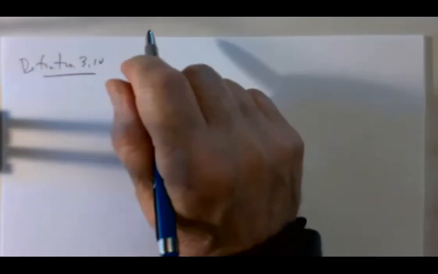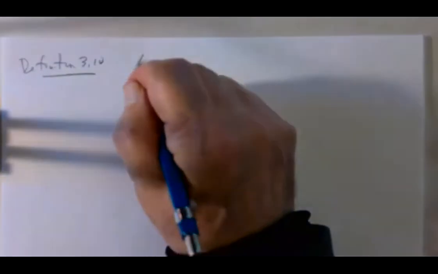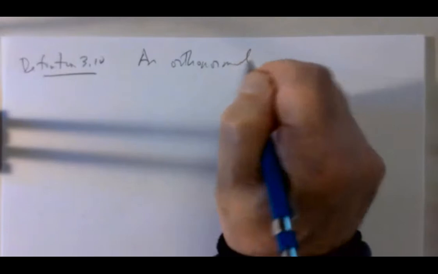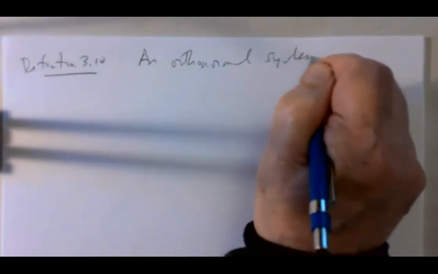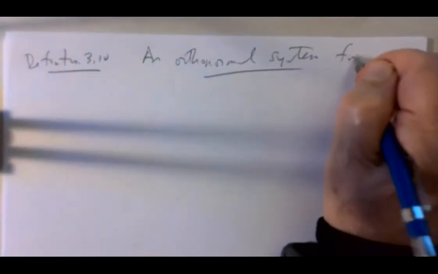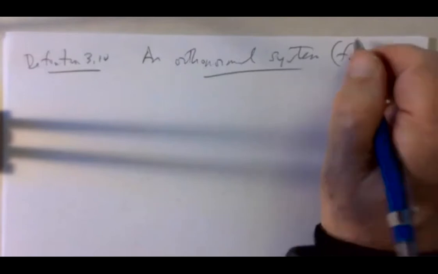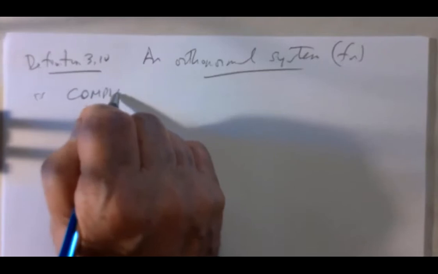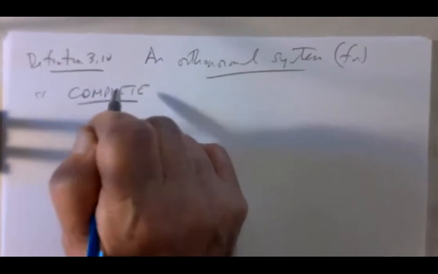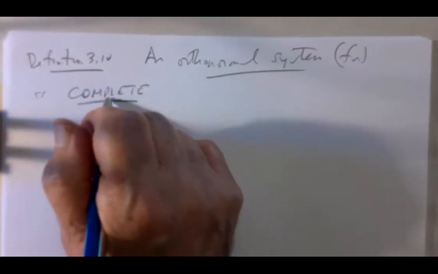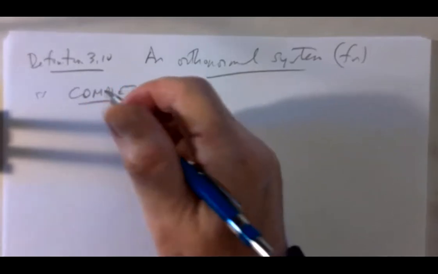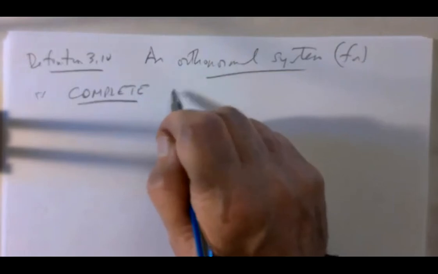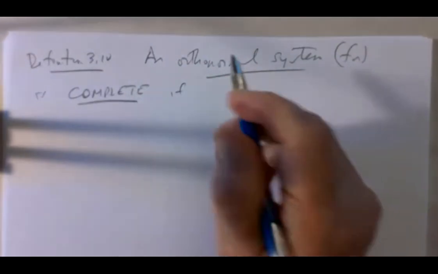This is definition 3.10 in the book. An orthonormal system of functions, fn, is called complete if the following is true.